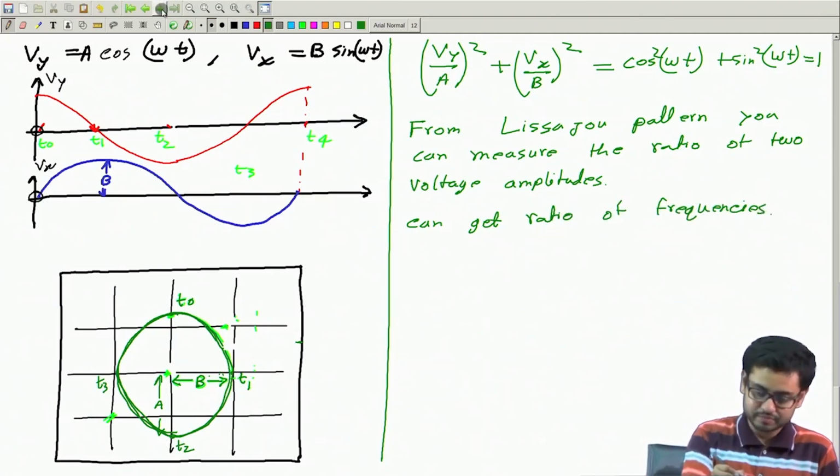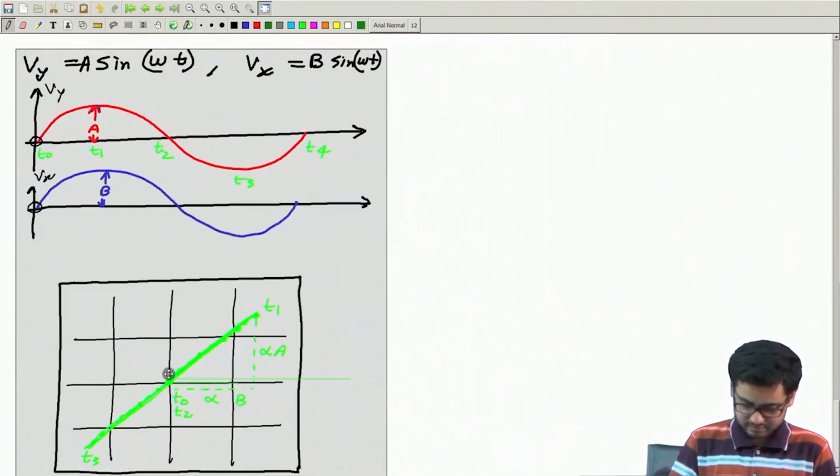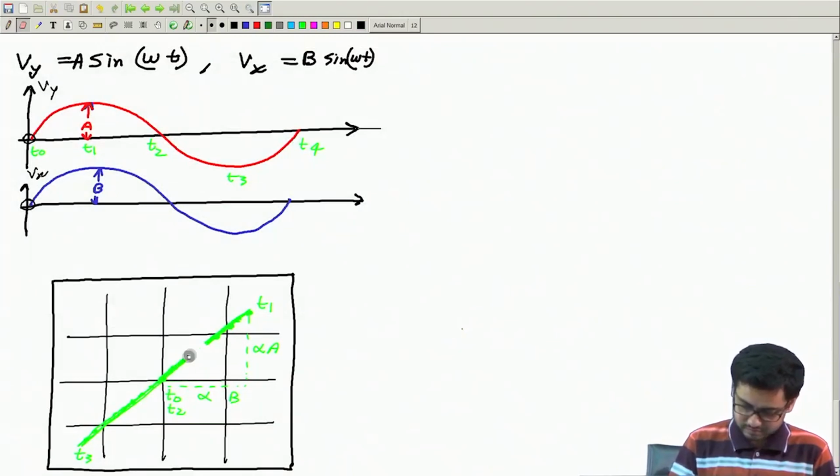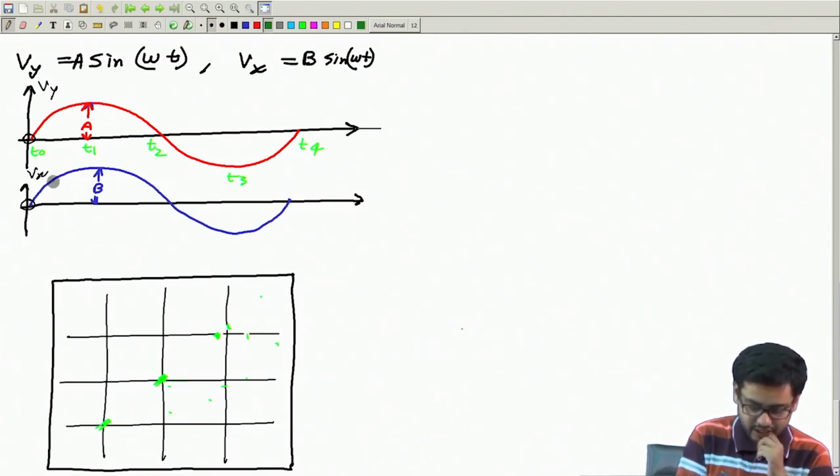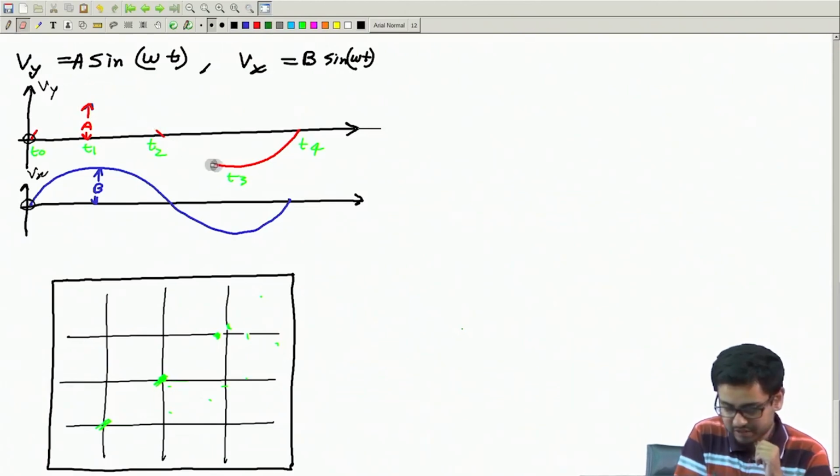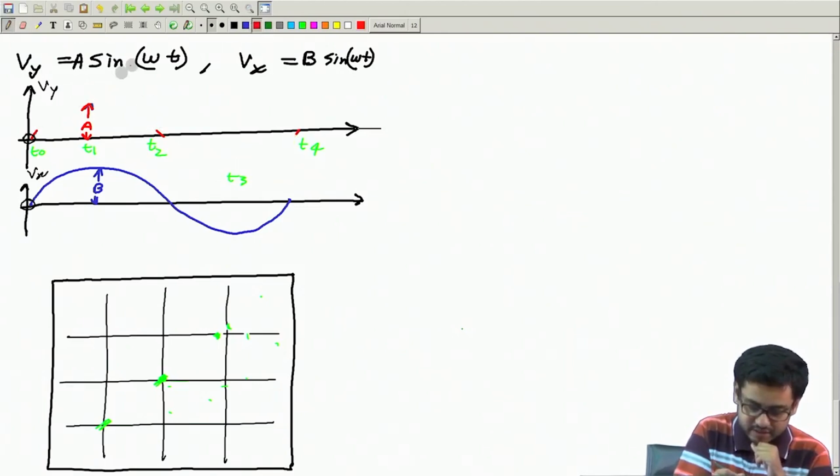Okay, so let's take an example. Say I have this varying at a double frequency. So I will put a 2 here, 2 omega t.